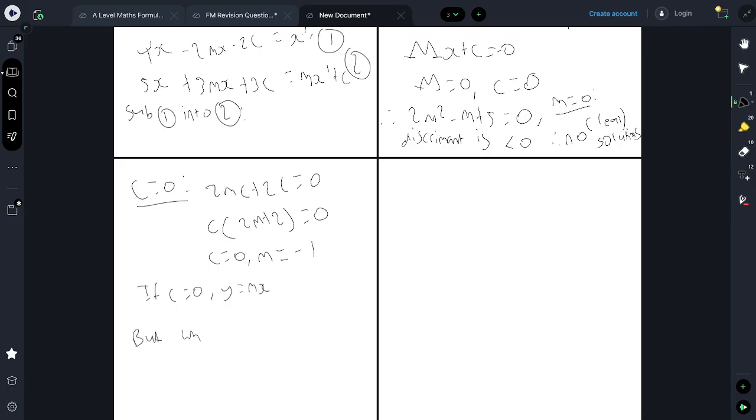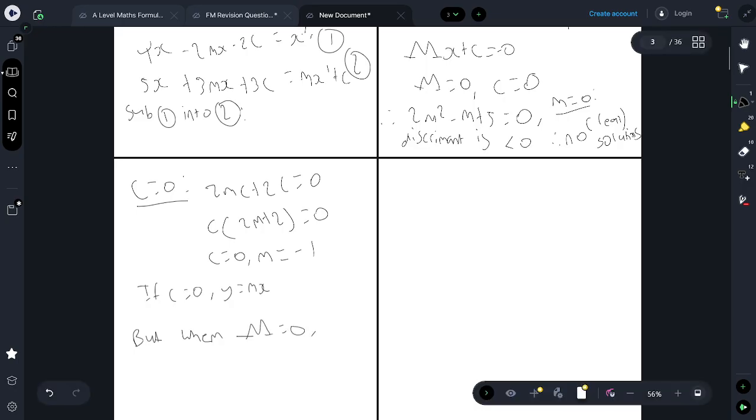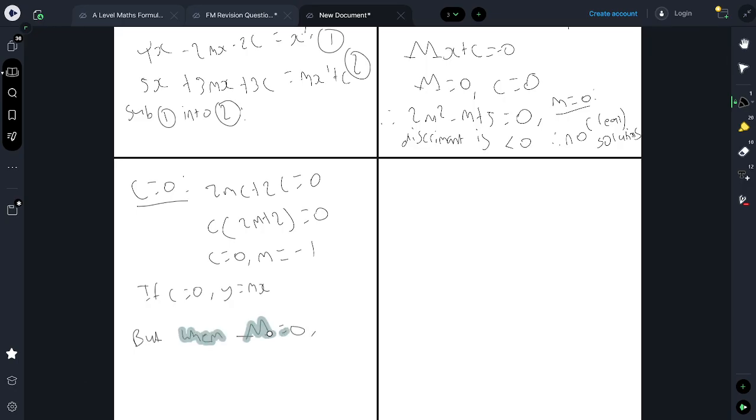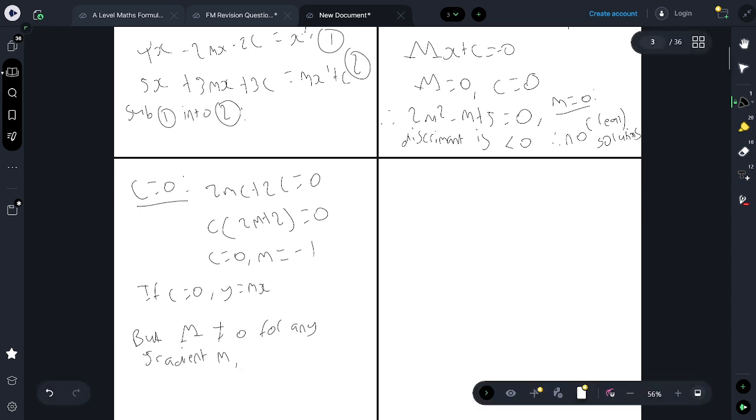When m is 0, it can't work, so m cannot be 0 for any gradient m. So there are no solutions to this problem.